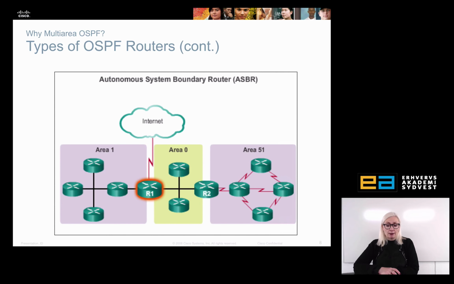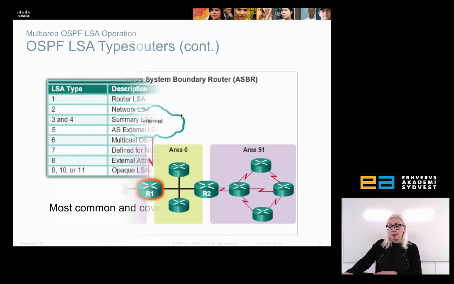Then we have the last one, which is the autonomous system boundary router or ASBR. These are the routers that, apart from being an ABR, also have a connection to the rest of the world outside our OSPF network. It could be to other external routes. It could be to the internet, for instance. So that is called an ASBR.